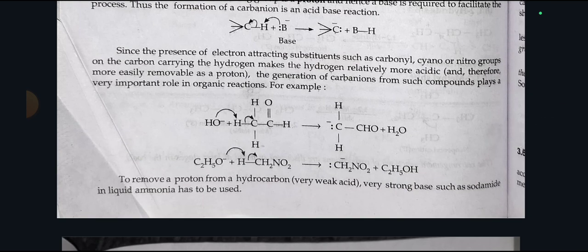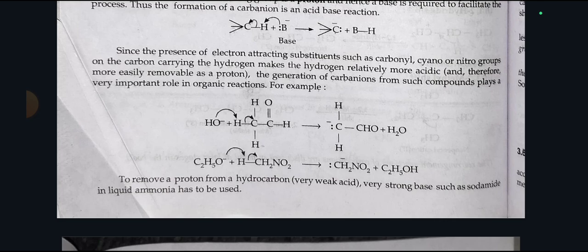The presence of electron attracting substituents such as carbonyl, cyano, or nitro groups on the carbon carrying the hydrogens makes the hydrogen relatively more acidic and therefore more easily removable as a proton. The generation of carbanions from such compounds plays a very important role in organic reactions.